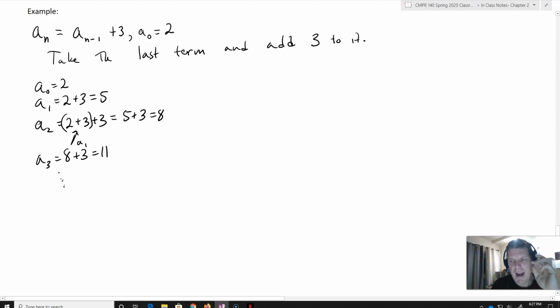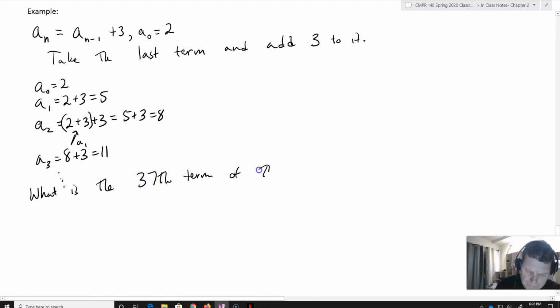Sometimes this is really handy because it allows you to think through how a progression or a sequence is going to work. Sometimes it's a little less handy because, say for example, what is the 37th term of the sequence? Well, in that case, if this is all we know, then the problem is that I'm going to have to write out 37 terms of the sequence.